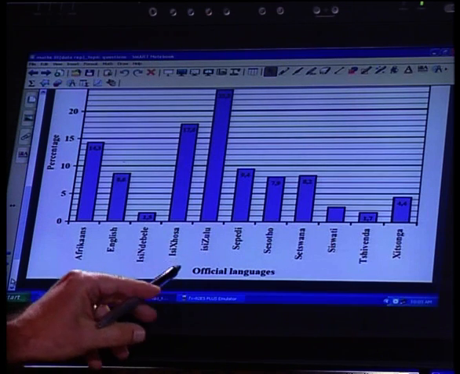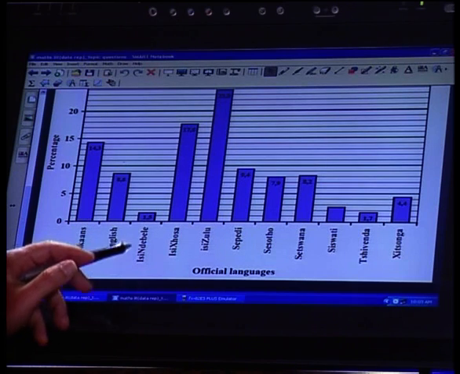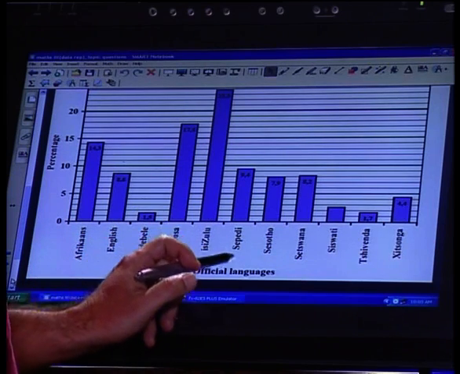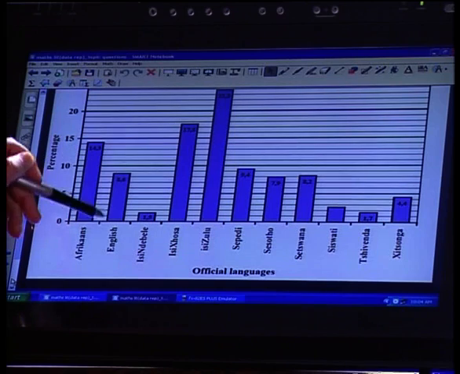Then at the bottom we have a list of the official languages, and you can see they start off here with Afrikaans, then English, isiNdebele, isiXhosa, isiZulu, Sepedi, and so on all the way through the 11 official languages of our nation. You can also see that on the chart we have a series of bars.